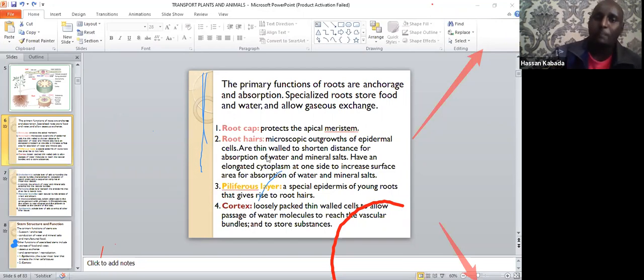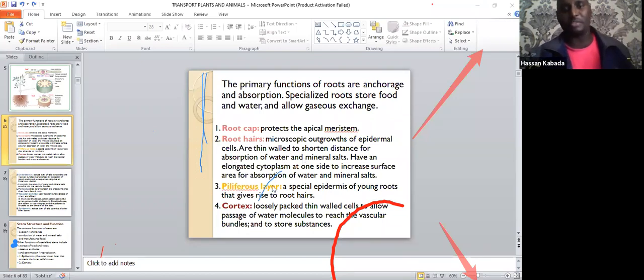But for the root hair cells, remember they are microscopic. They are thin-walled for rapid absorption of water and mineral salt. They are elongated to increase surface area for absorption of water and mineral salt. We also talk about the highly concentrated cell sap, or sap in the vacuole, that causes osmosis to occur.